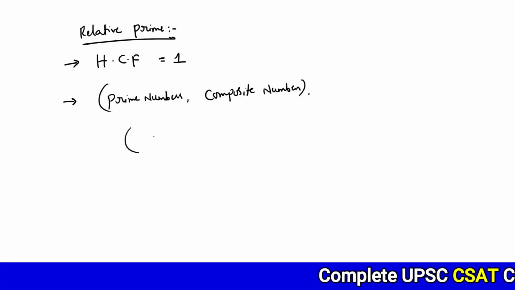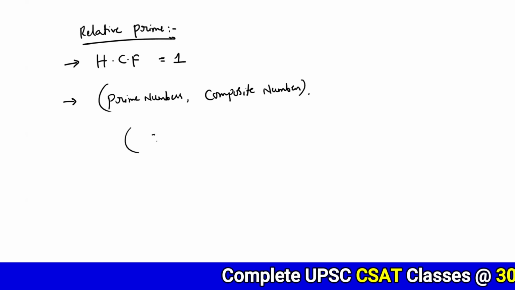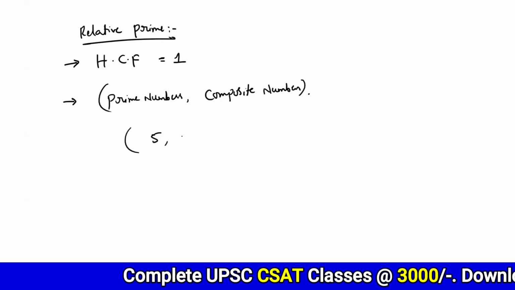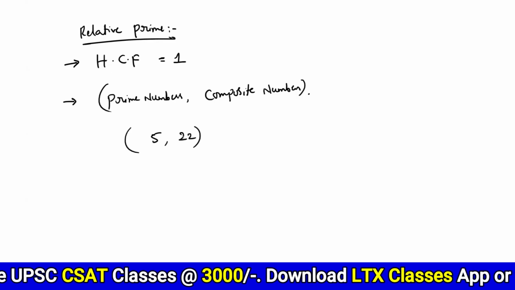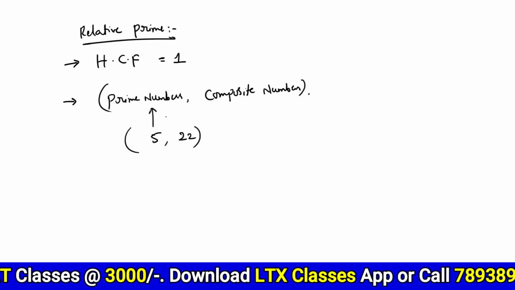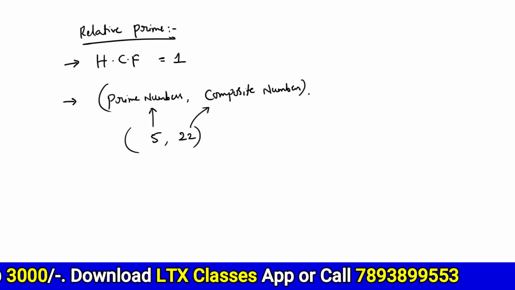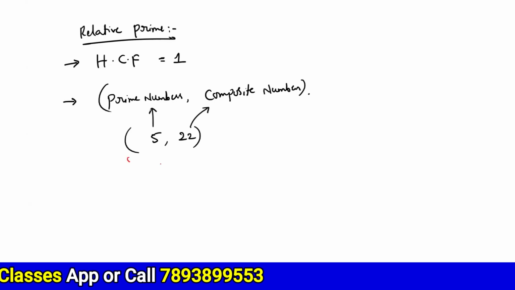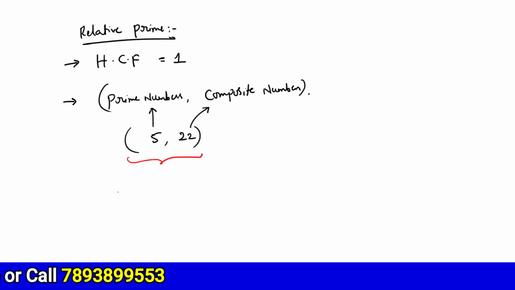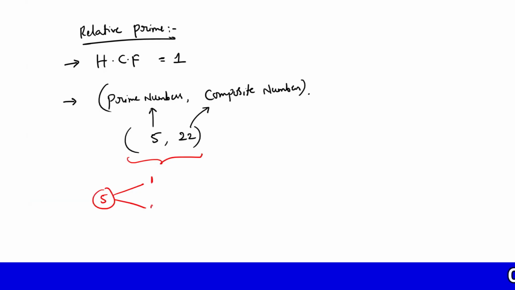Let us do one thing, let us take 5 and 22. See, generally 5 is a prime number and 22 is a composite number. But on the combination of these two, they will be considered as relative prime. The reason is, for the number 5, the factors are 1 and 5.